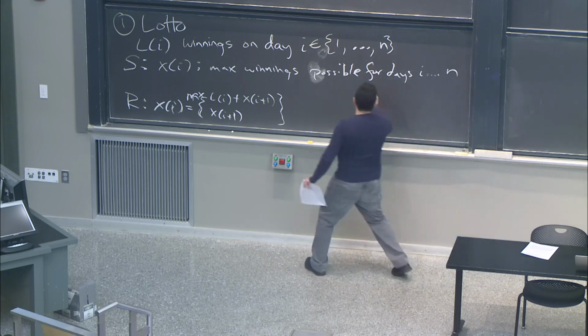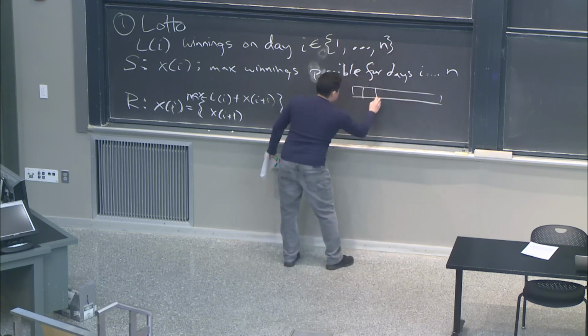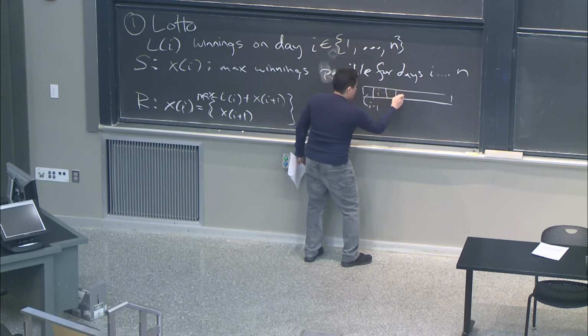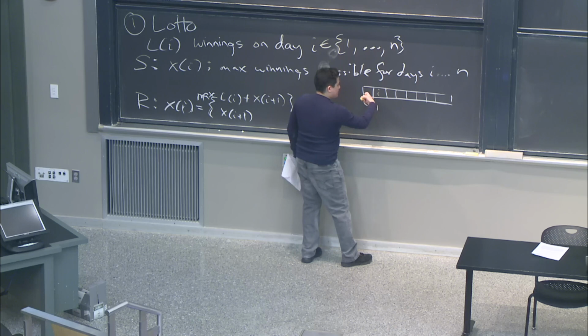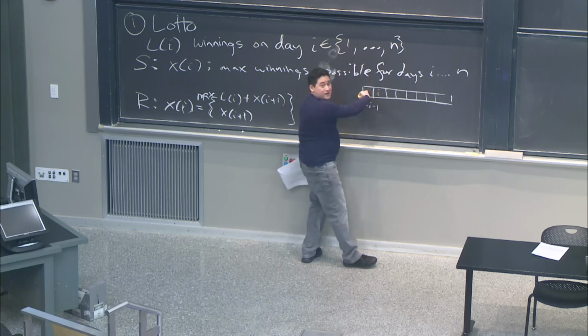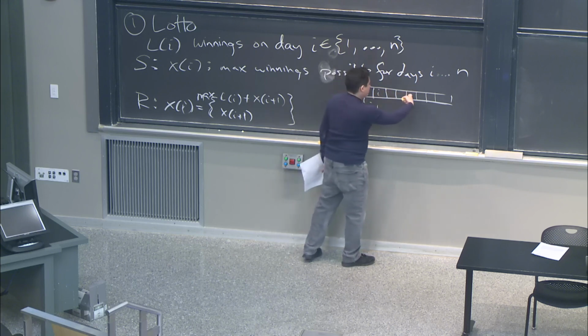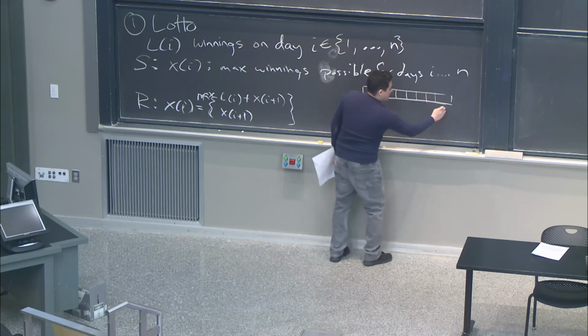Let's do this precisely. This is I minus 1. I have a 7-day period, 1, 2, 3, 4, 5, 6, 7. If I played the lottery here and I played the lottery here, then I'm not allowed to play here, not allowed to play here, not allowed to play here, not allowed to play here. I am allowed to play here.